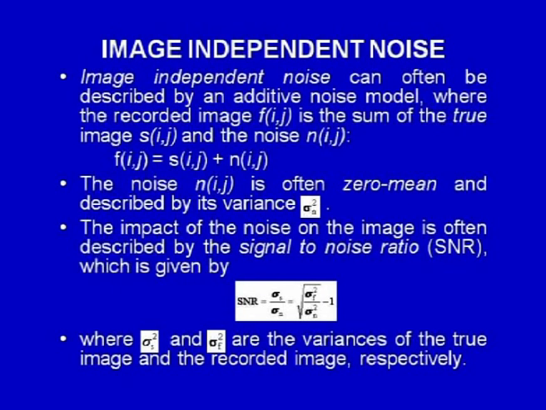The noise, that is n(i, j), is often 0 mean and it is described by its variance, that is sigma n square.